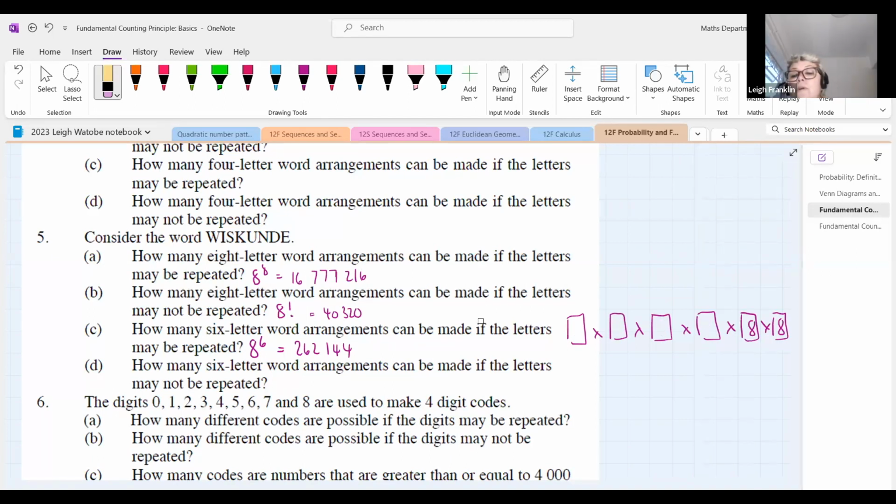So how would we do this? What do you guys think? How many? All right, Nhlanhla. We're going to see now if we agree with you. Nhlanhla, you can start looking at question number 6 if you want to.